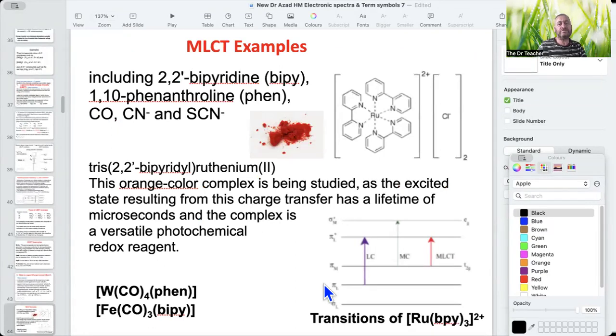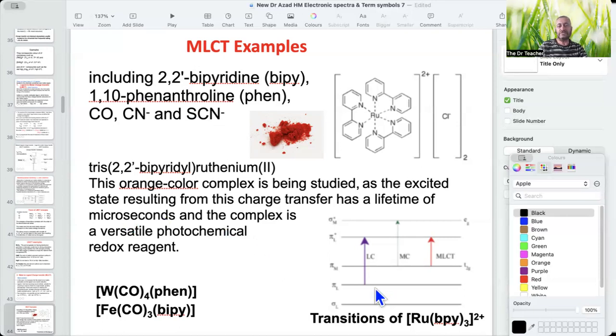Metal to ligand charge transfer, you can see here the color, bipyridyl, and here we have the ruthenium 6 coordinate with chlorine by 2, so oxidation number will be 2, and you can have pi star in C triple bond O, C triple bond N, SCN, all of them have pi star, so you can transfer electrons from the metal T2G to the pi star.